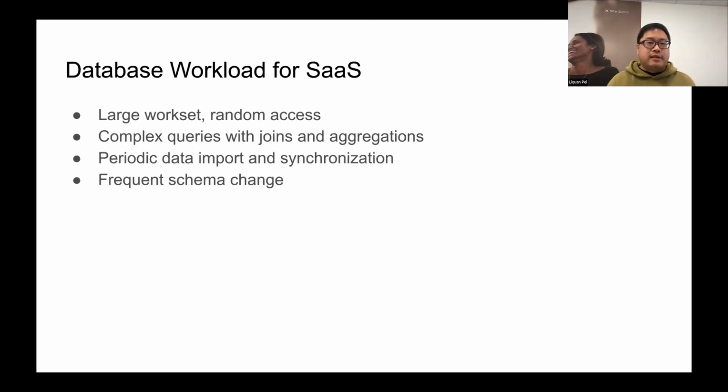But for SaaS, because you have a lot of tenants, and they essentially access different data, the working set can be large. That's not a good fit for a single node database because they can easily go over the memory limit, because those are random accesses across different portions of your entire data space.